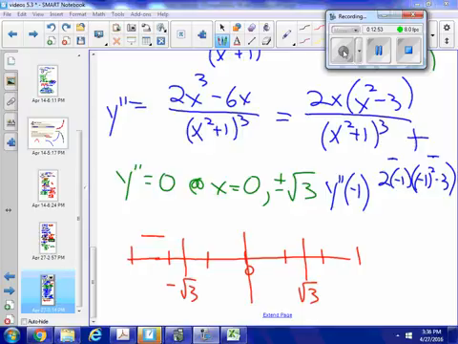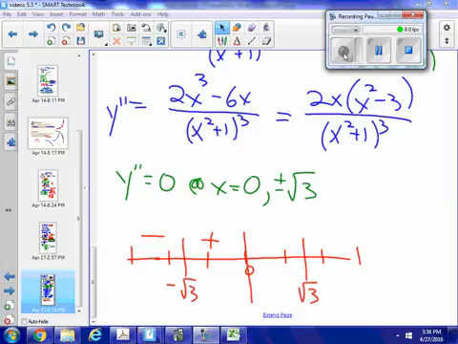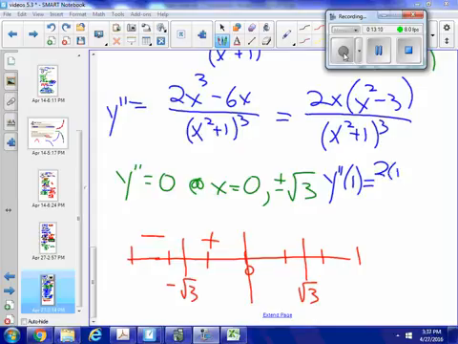A positive divided by a positive is a positive. So this interval here is going to be positive. Let's test y double prime of +1. Again, my denominator is always going to be positive, so I'm going to have 2 times 1, times (1 squared minus 3), a positive times a negative. This interval here is going to be negative.